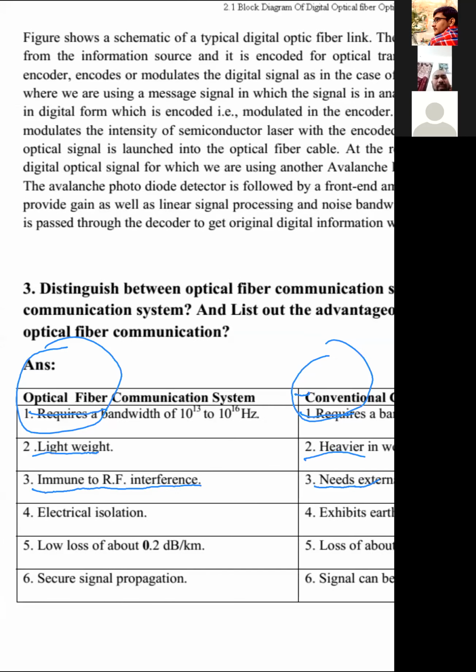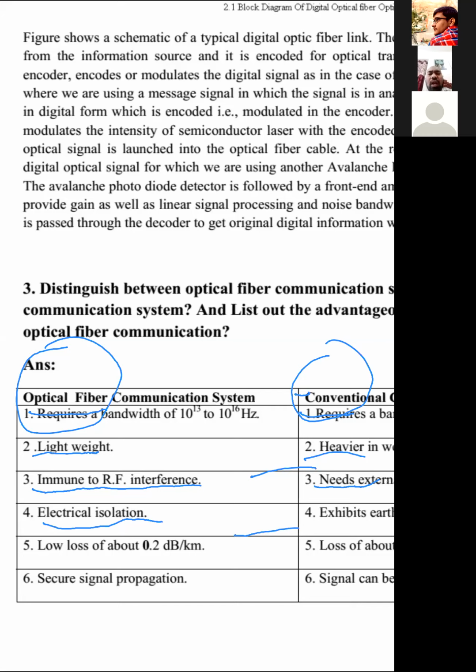Isolated means separated. Hence, these are electrically separated. There is no chance of getting short circuited. Whereas in conventional communication system, the external circuit is placed inside the internal one. They are coupled. Hence, there is a chance of getting short circuited. Optical fiber communication system is electrically isolated, whereas conventional communication systems will exhibit some earthing problems.